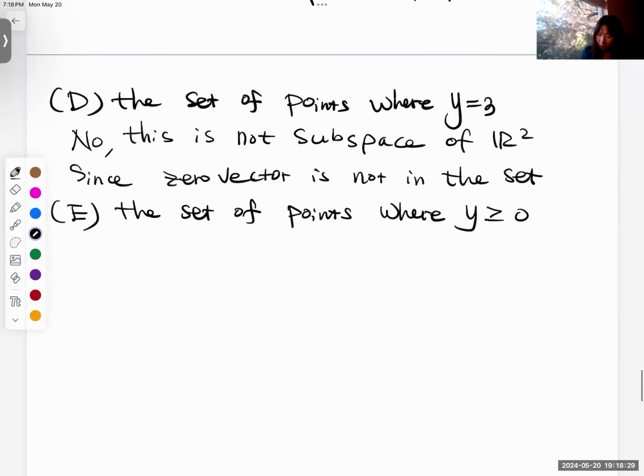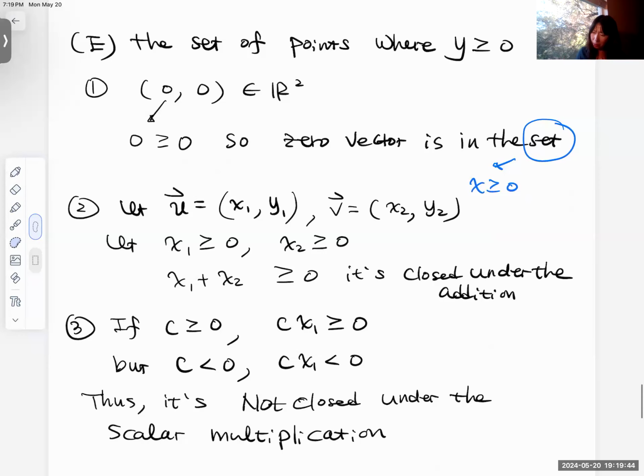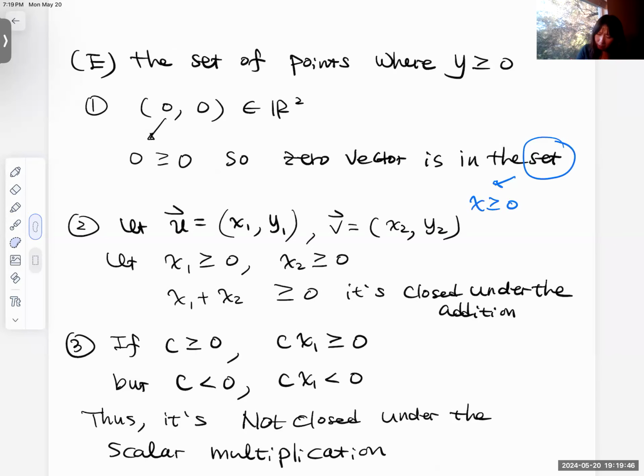Okay, how about this one? Try. Right? So this is from the first problem.